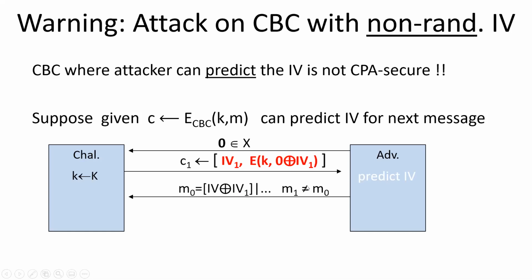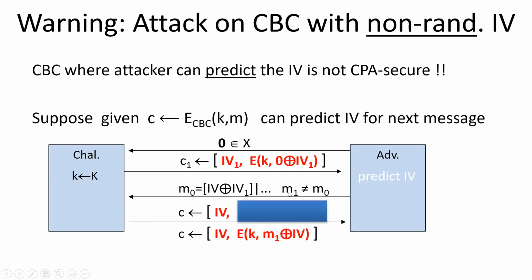There's a pair, M0 and M1, of 2 different messages, and the adversary will be able to distinguish whether this or that was encrypted and break security, right? The 2 messages are like this. This one is a concatenation of this predicted IV with the IV operated here that the adversary has seen because it's a ciphertext. M1 is any other message.